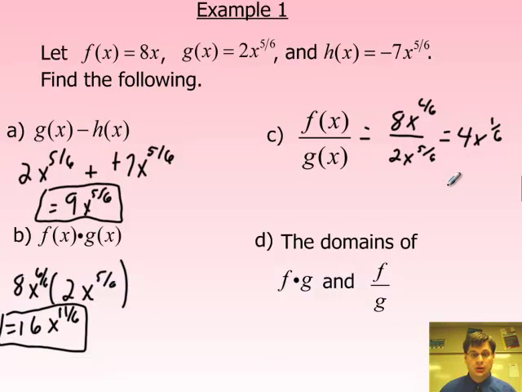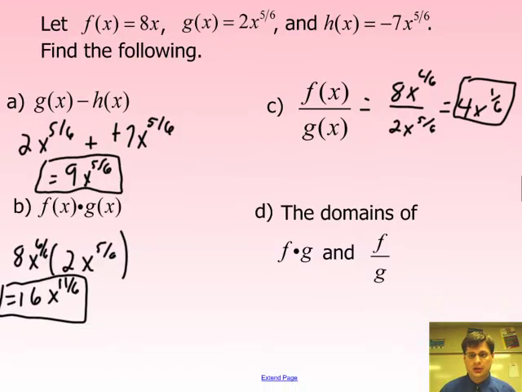Okay, so now that we've taken care of this, let's look at a different type of problem where we're going to state the domains of f times g and f divided by g. Well, since I know what f is, being 8x, I know that the domain of f is going to be all real numbers. So I'll just say the domain of f is such that x is all real numbers.